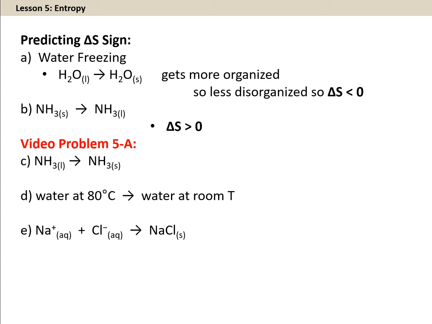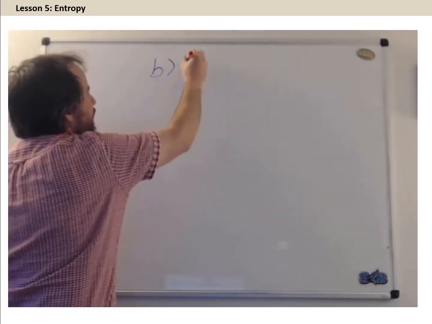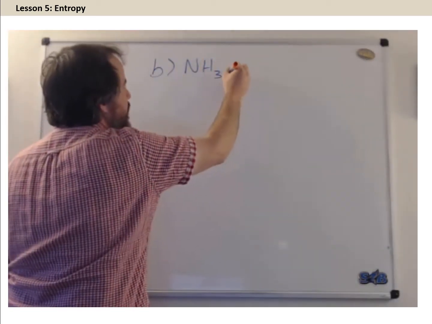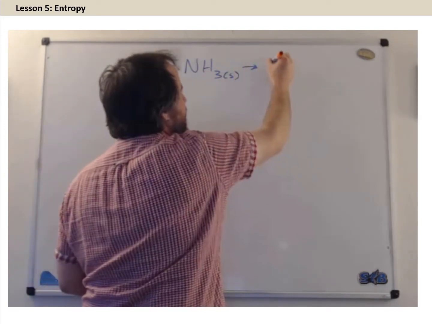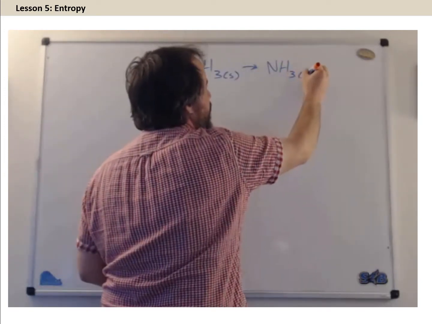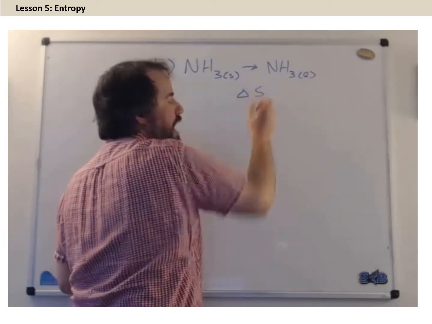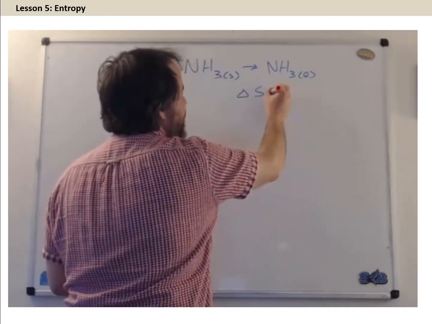So again, delta S is less than 0. If I'm going the opposite way, from solid to liquid, my delta S is going to be positive. That is NH3 solid going to NH3 liquid.